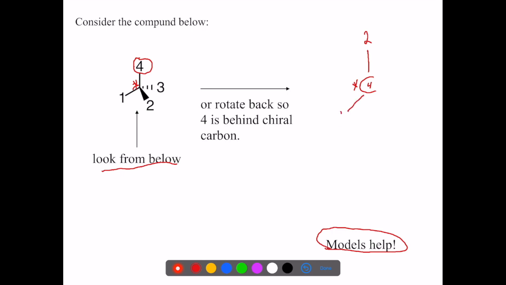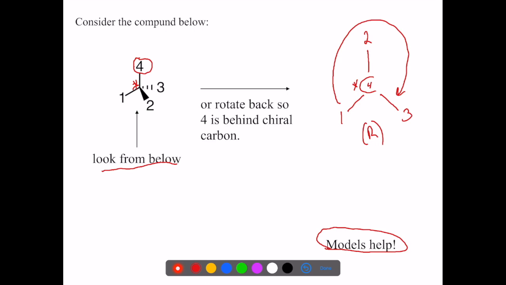Group 1 would be going down to your left. And group 3 would be going down to your right. And you would say, oh, this is 1, 2, 3, and it's clockwise, so this would be R.